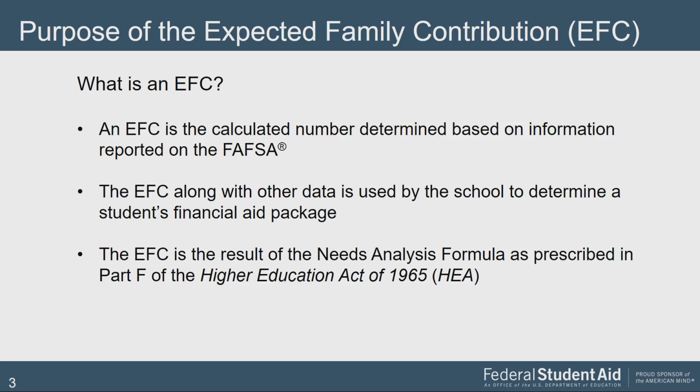The EFC is the result of the needs analysis formula as prescribed in Part F of the Higher Education Act of 1965. I want you to keep in mind that it's the Higher Education Act of 1965. So the EFC formula hasn't really kept up with the changes in our lives as far as what a middle-class family looks like and the different allowances and consideration of income.